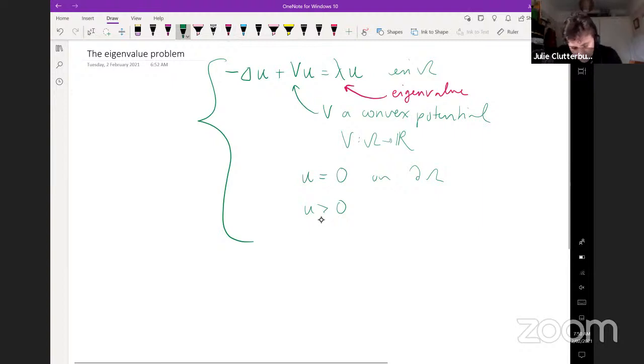And I guess u is the eigenfunction. And because this is the positive one, there are many eigenfunctions, most of which will change sign, but because this is the one that doesn't change sign, this is also called the ground state, for the physicists.